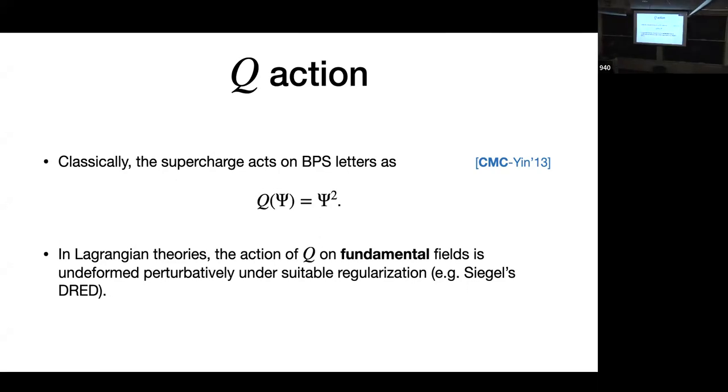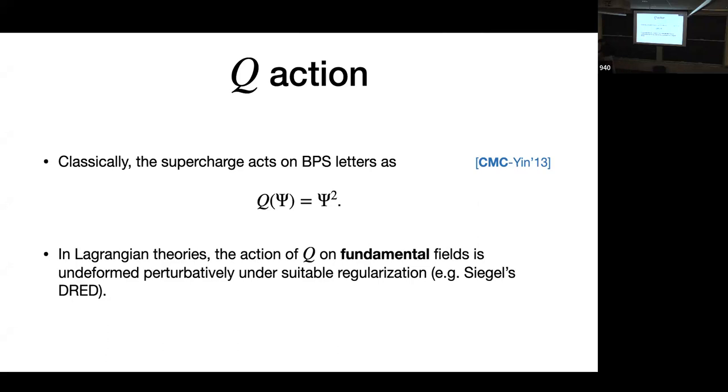Actually, in Lagrangian theory, the action of Q on fundamental fields is undeformed perturbatively if you have some nice regularization that preserves supersymmetry, for example Siegel's DRED. So if I have some SUSY preserving regulator, then this relation would be undeformed by quantum correction.